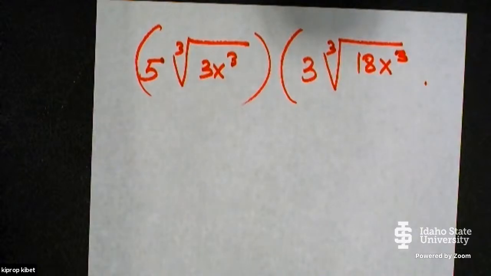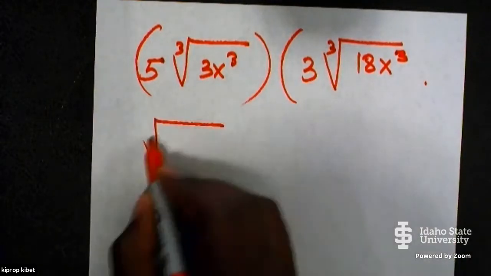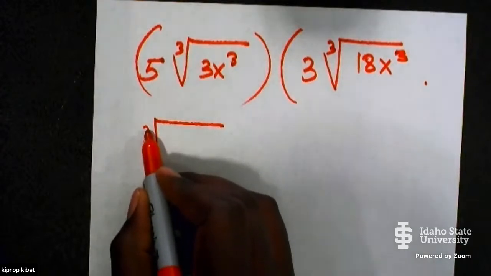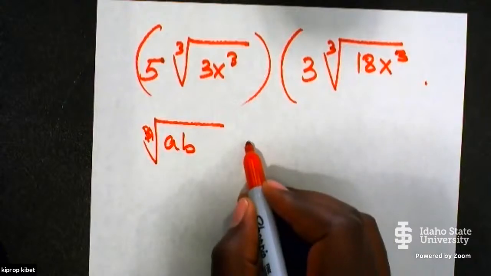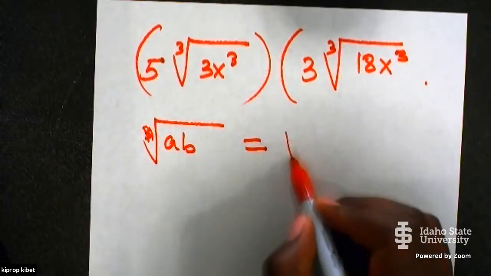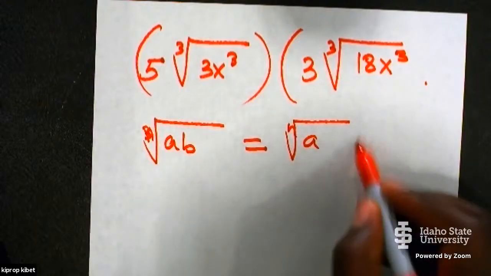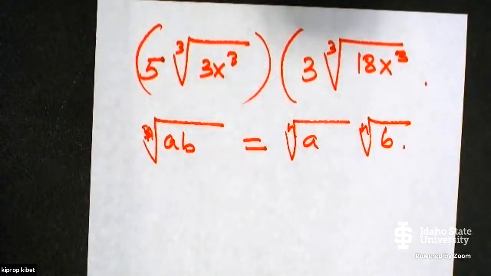Like what we did, when we have the nth root of a times b, this is similar to the nth root of a times the nth root of b. So they are similar.